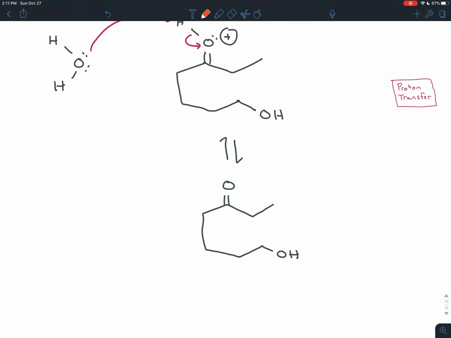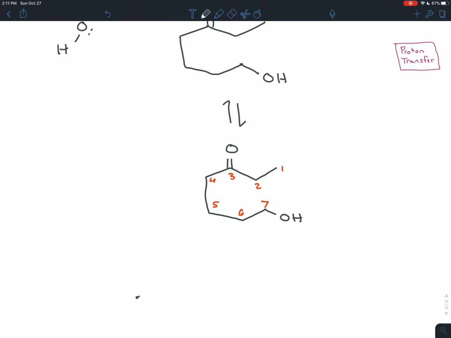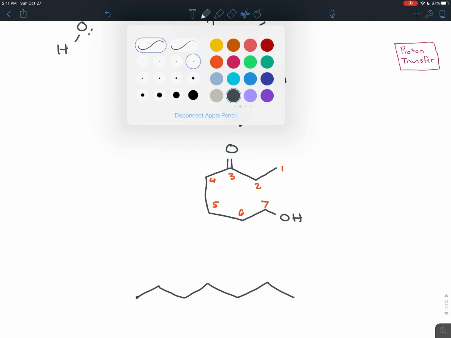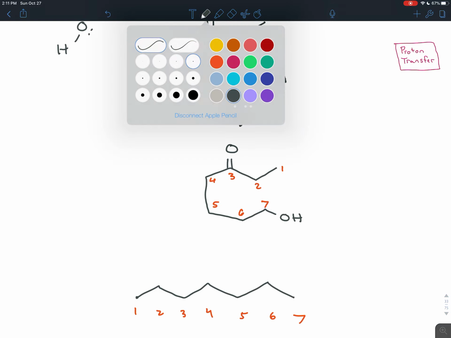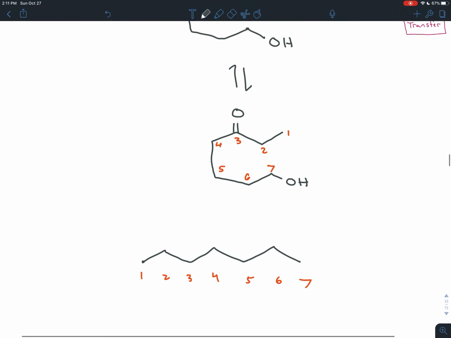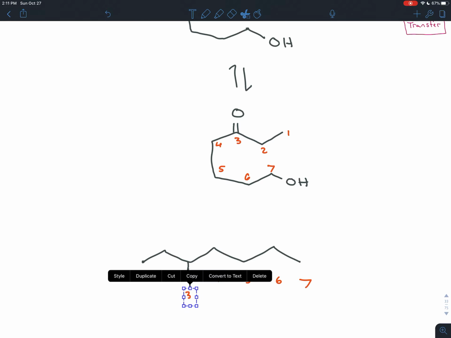Now this looks a little strange, but if you wanted to draw it as a straight chain, we can number it 1, 2, 3, 4, 5, 6, 7, so we have 7 carbons. Off of carbon number 3, we have the ketone.